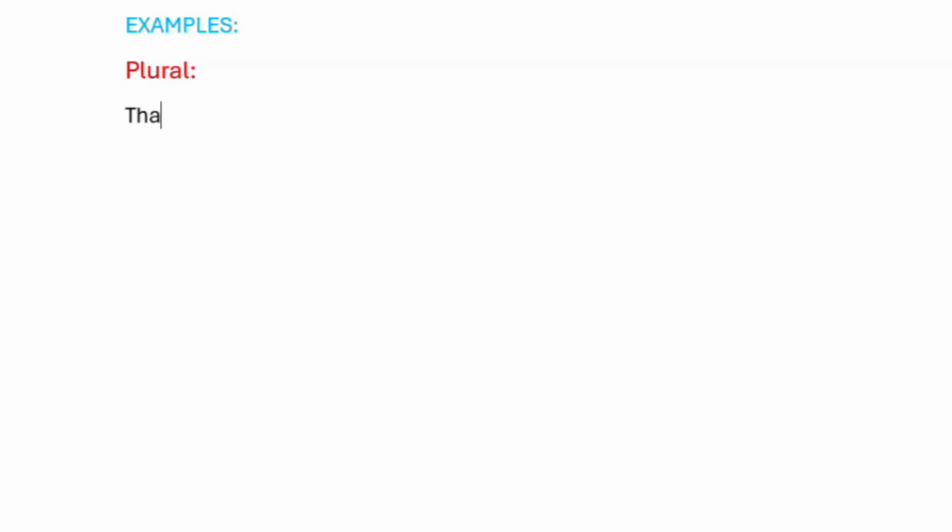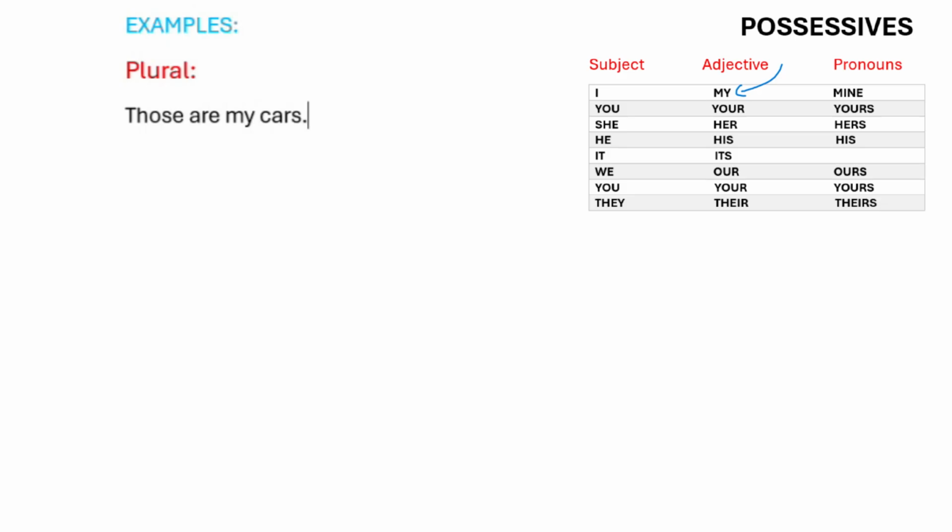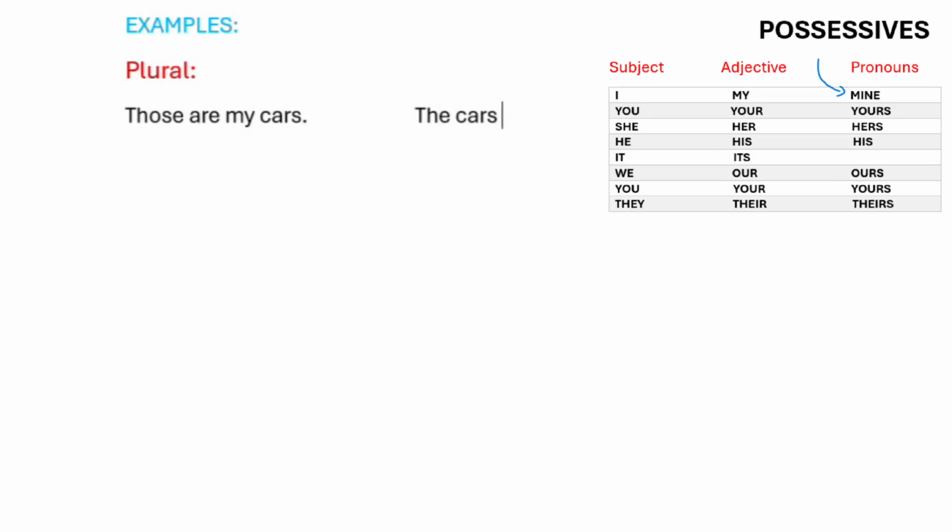You remember that I started with that. What is the plural of that? Is those. Okay, in this case, we are going to use those, right? Even though you can use these or whatever you want, no problem. Okay, those are my cars. And the next sentence here, the cars are mine.